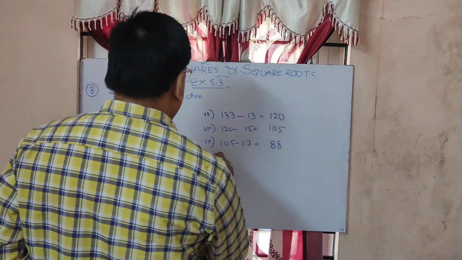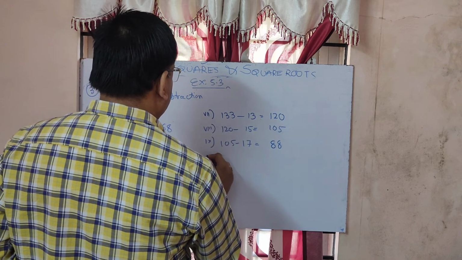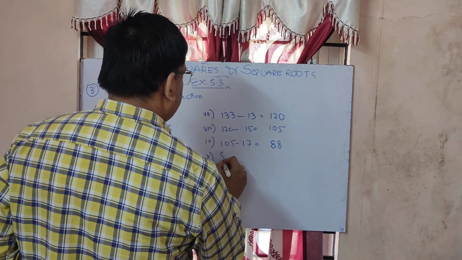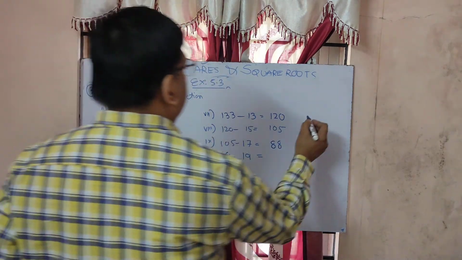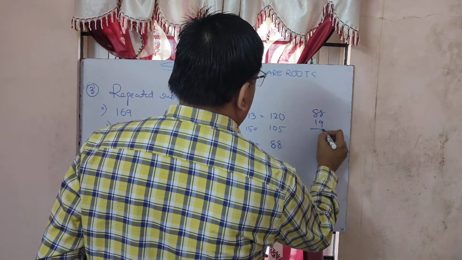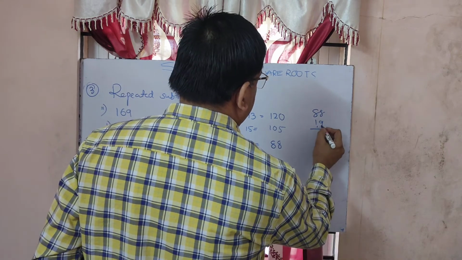Now the 10th one: 88 minus 19. If you can't do it directly, you can do it like this.